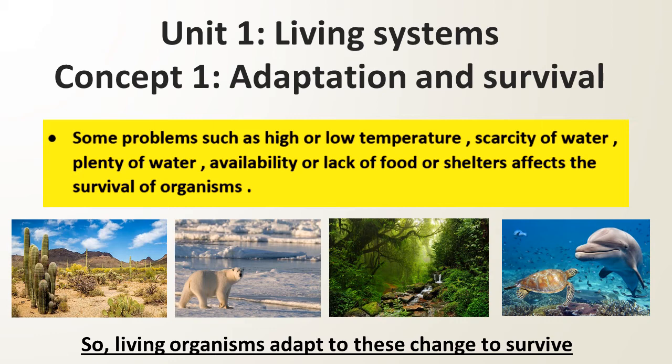But in some ecosystems like the desert, polar region, forest or oceans, we can find some problems such as high temperature in the desert or low temperature in the polar region, scarcity of water in the desert, plenty of water in the forest, and also availability or lack of food and shelters affect the survival of these organisms. So living organisms should adapt to these changes. To stay alive means survive.